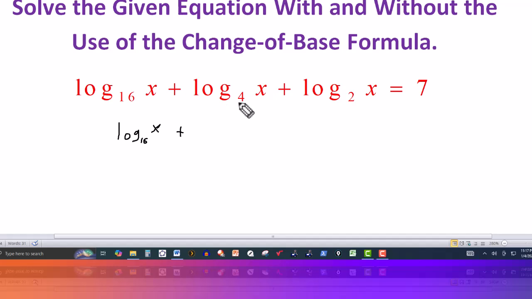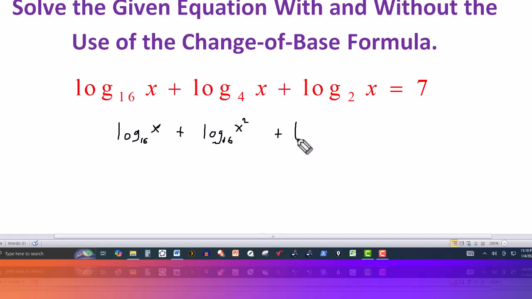It doesn't change it as long as I square the argument also. So this will be log of x squared, because 4 squared is 16, so this base is 16. Square the x. No problem there. It'll be x squared.